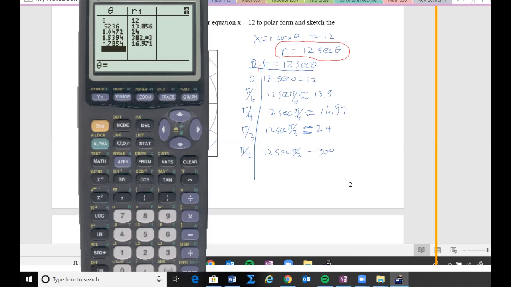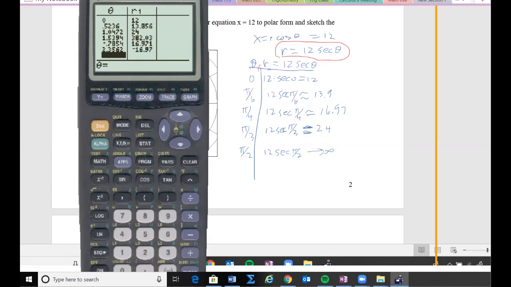That's 3 pi divided by 4. That puts me in the second quadrant. Okay, so there's my negative. So I do pick up negatives if I go past pi over 2.